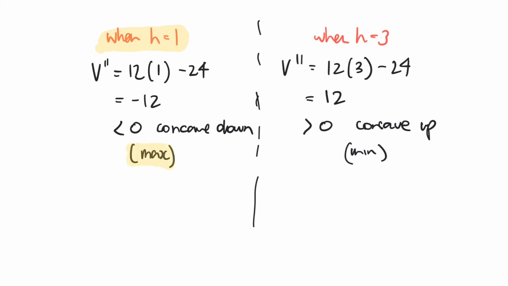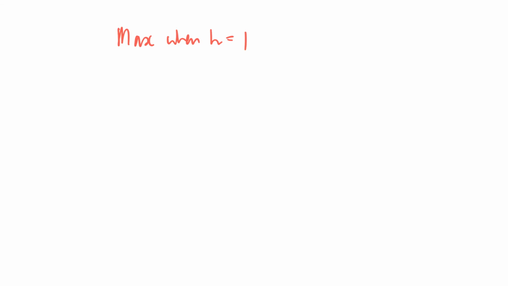Now, the question asked for the maximum volume of the pond. Since we've found out the depth of this pond is going to be 1 metre to produce a maximum volume, we now just have to find out what that maximum volume actually is. To do that, all we're going to do is substitute 1 for the depth of the pond back into the original function and find out what that numerical value really is.